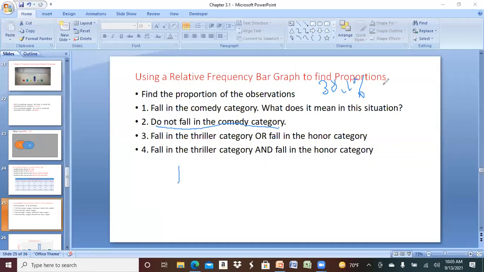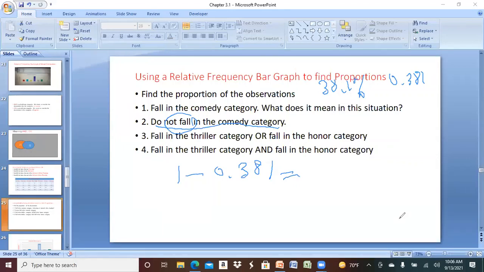You can subtract 0.381 from 1, because when you add everything you get 100%.